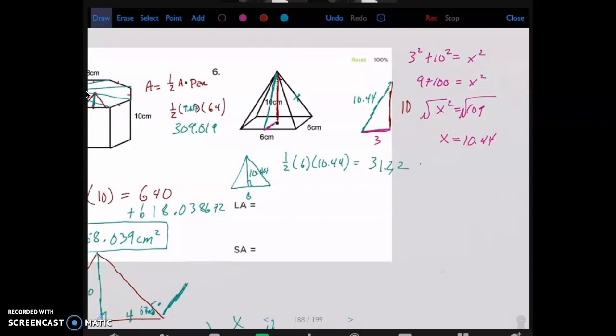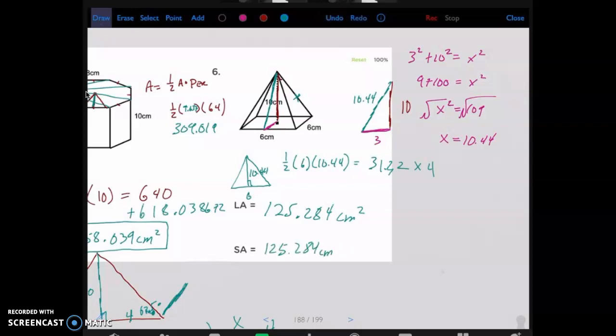And then I have to multiply that by 4 because there's 4 triangles. So the lateral surface area is going to be 125.284 centimeters squared.